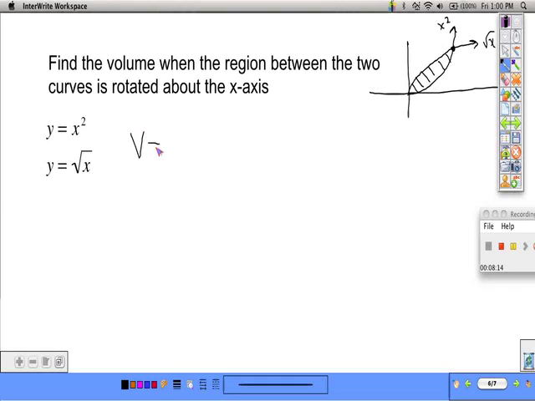So to find this volume, we are going to take pi from 0 to 1 because they intersect at 1. And we're going to take the top function, which is the square root of x, minus the bottom function squared.